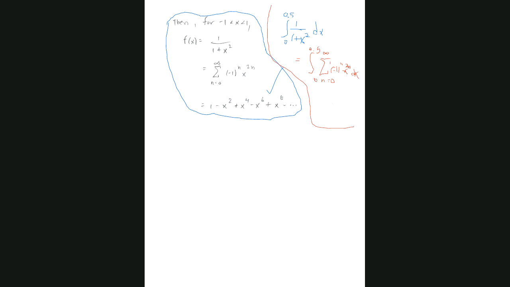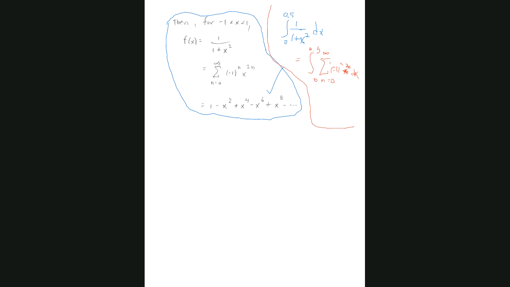So if you have an integral where you can't find an antiderivative, this one you can, but yet you need to find a value for the definite integral, you can actually approximate that value by integrating the series for that function.